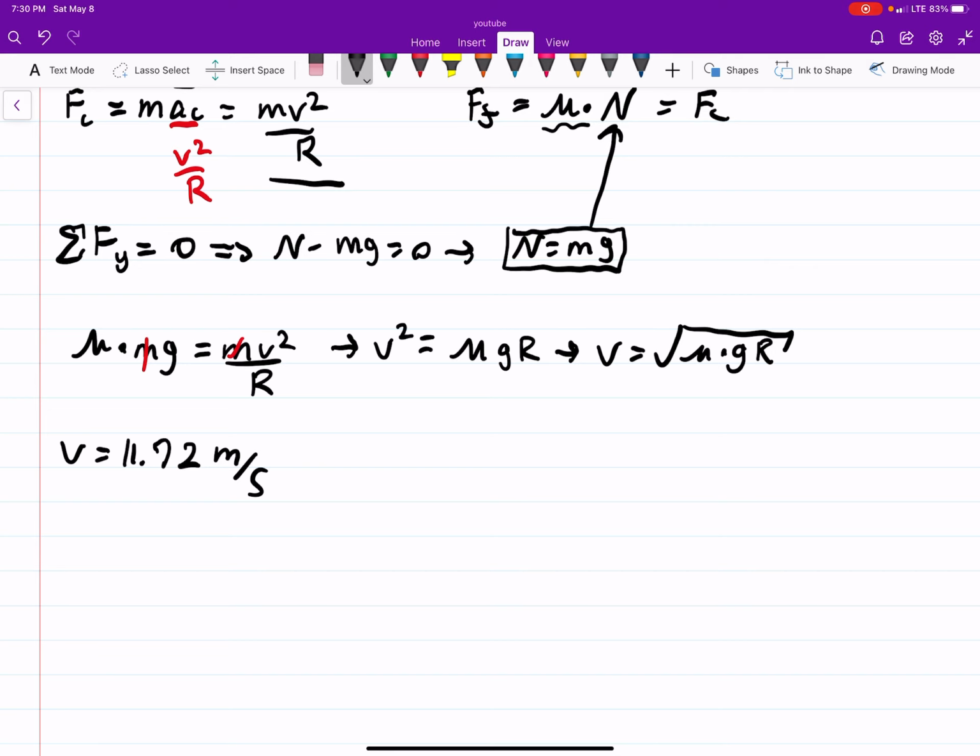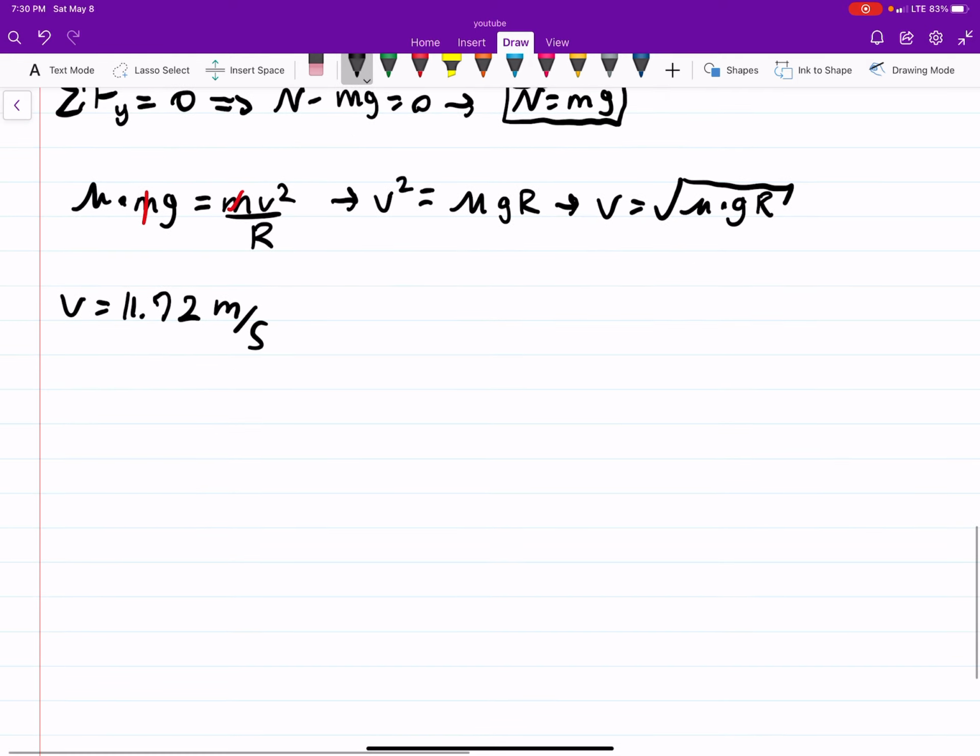Okay. Which makes sense if we look at the units. So let's check the units. Mu doesn't have any units, so this is unitless. This is meters per second squared, and this is meters.